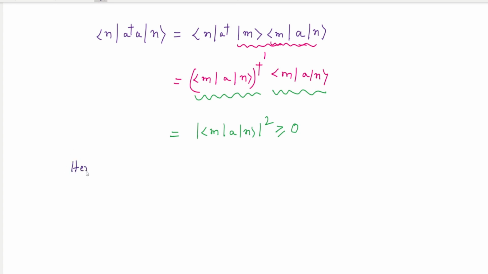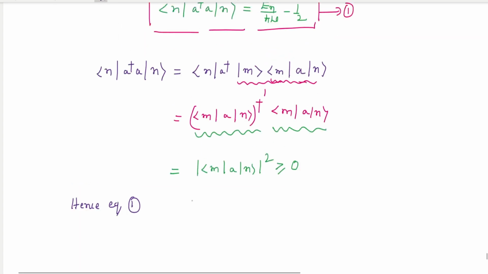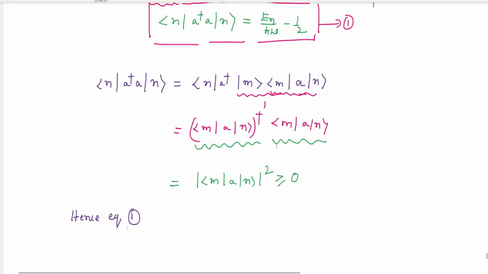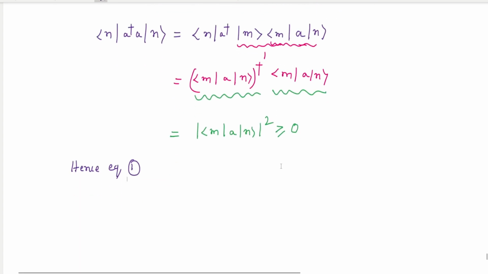Hence, equation number 1. So here equation number 1 is there. From equation number 1, we can write En divided by h cross omega minus 1 divided by 2 greater than or equal to 0.